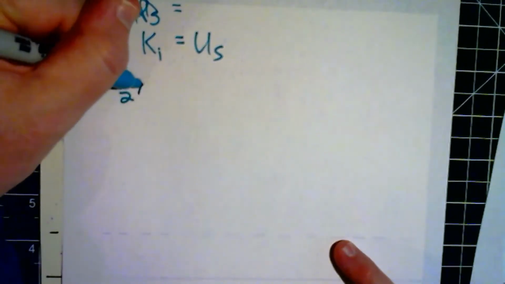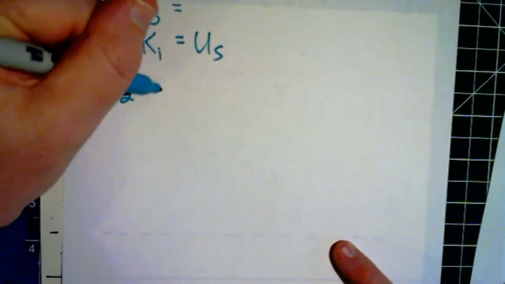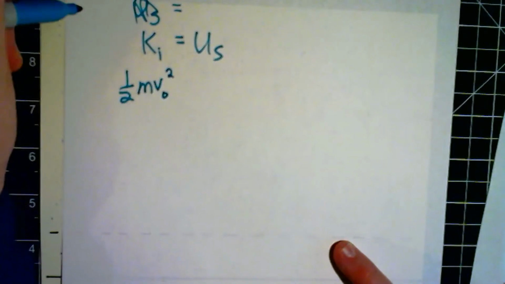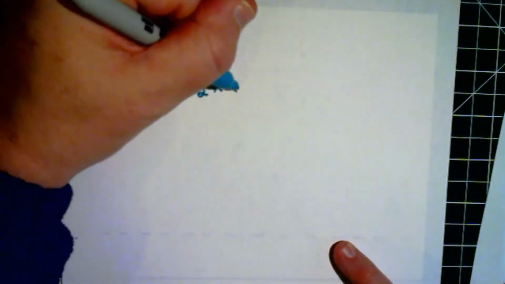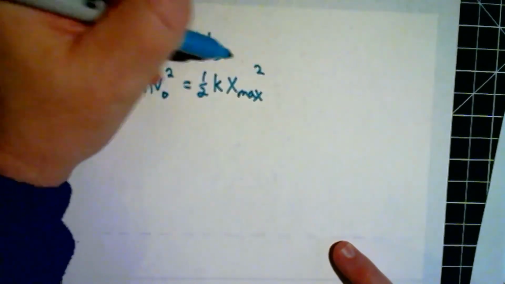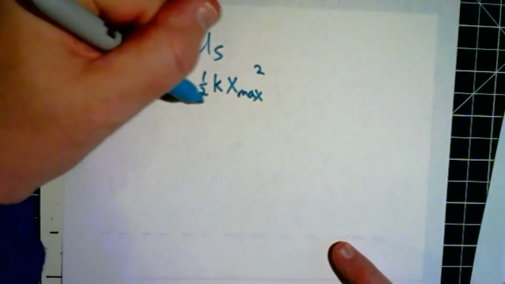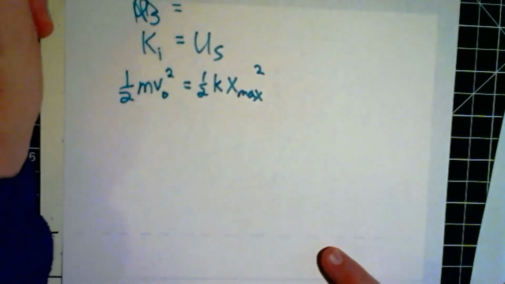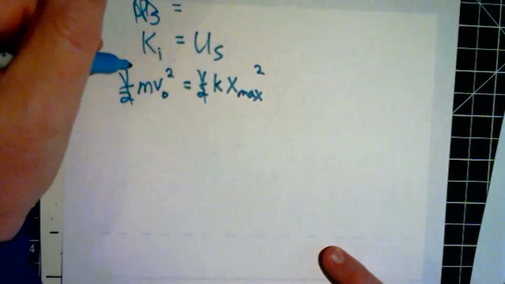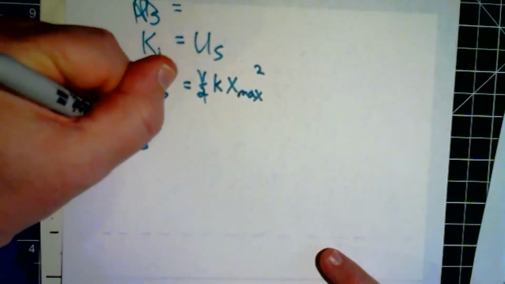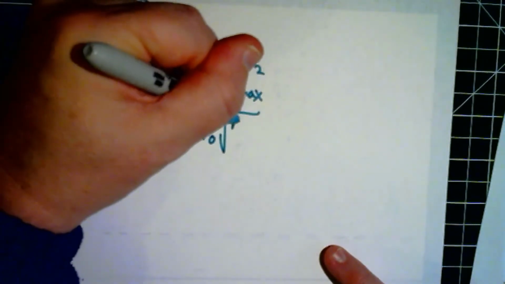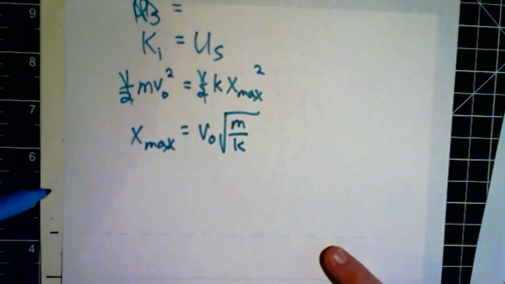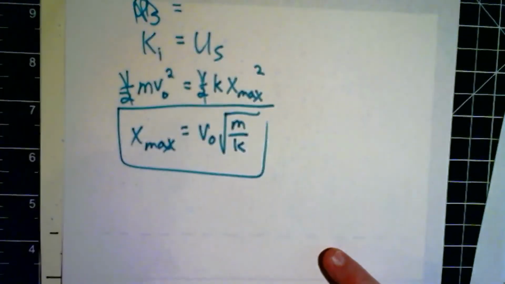And so we just substitute our values in. 1/2 m v naught squared, so use v naught, equals 1/2 k times x max squared, because all this kinetic energy will turn into stretching that spring to its maximum length. And so all we need to do is solve for x max, and we get x max as v naught times the square root of m divided by k. So that's for part D.